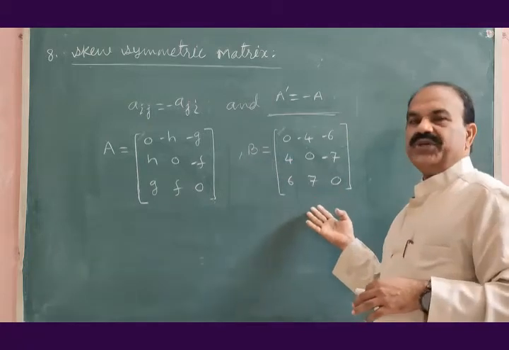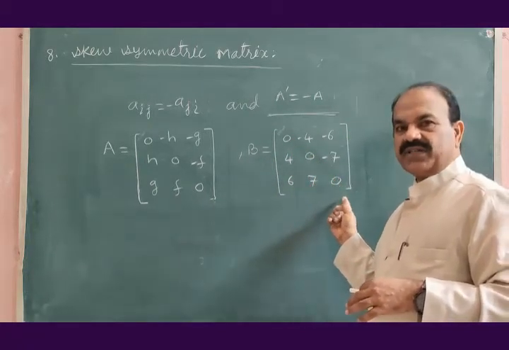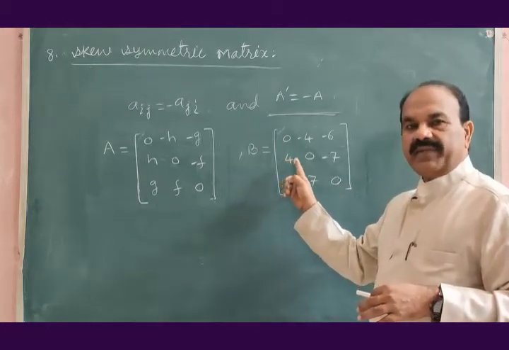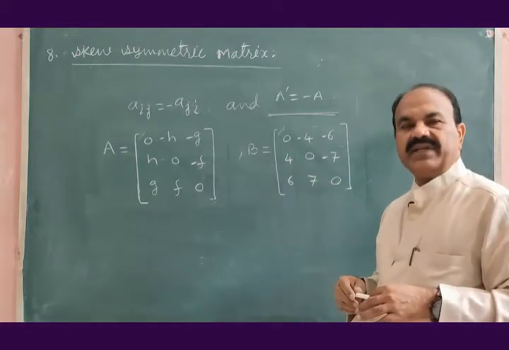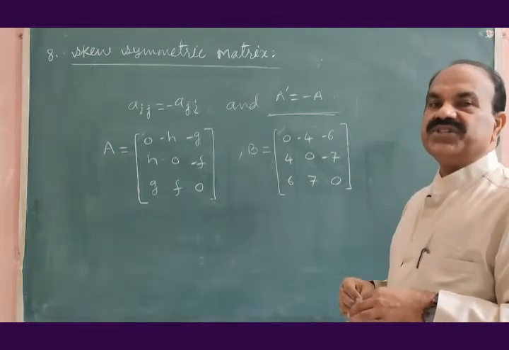The same is true here. Diagonal elements are 0, elements below diagonal element and elements above diagonal element are same with opposite sign.